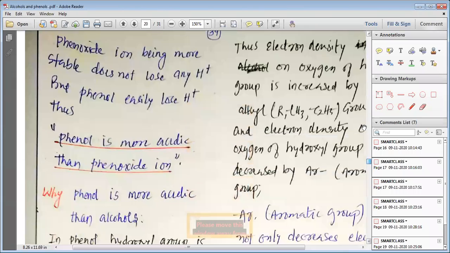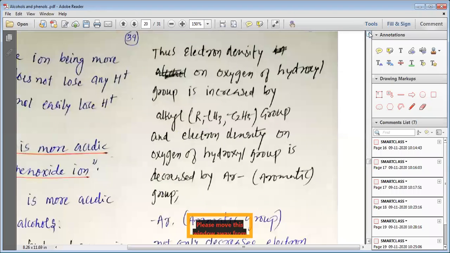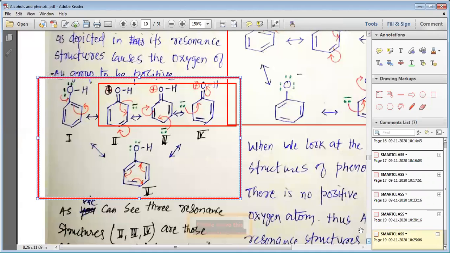The acidity decreases, because acidic character is possible by the removal of H plus ion. The electron density on oxygen of the hydroxyl group is increased by the alkyl group, that is R or CH3 or C2H5 group, and the electron density on oxygen of the hydroxyl group is decreased by the aromatic ring.